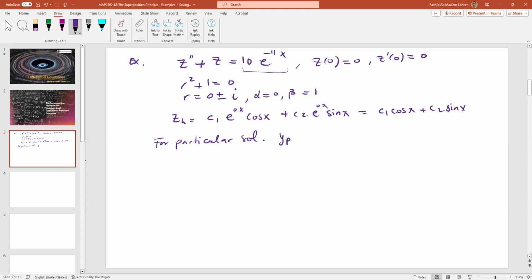We can try this here because we don't have a polynomial there. So that tells us that we need to try this in the differential equation.